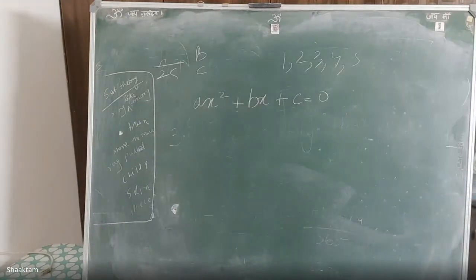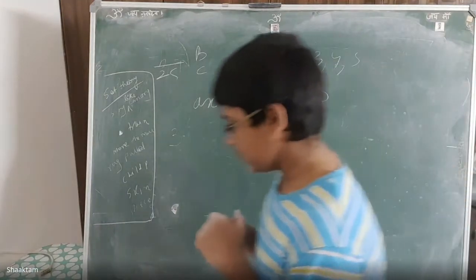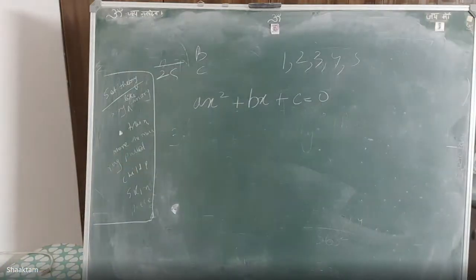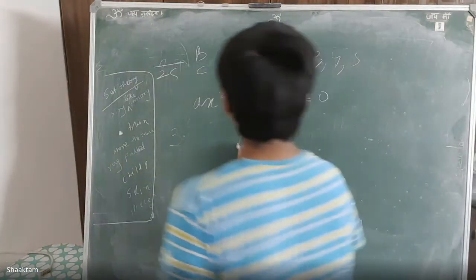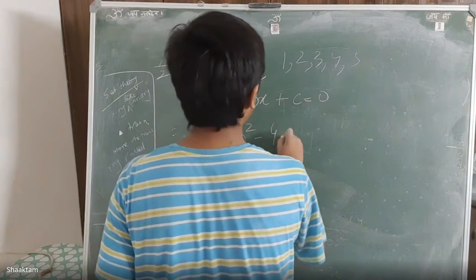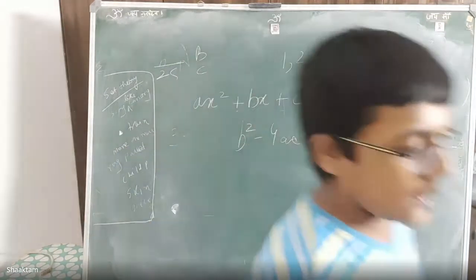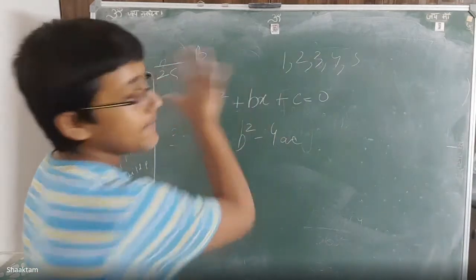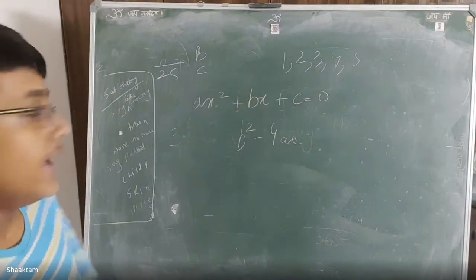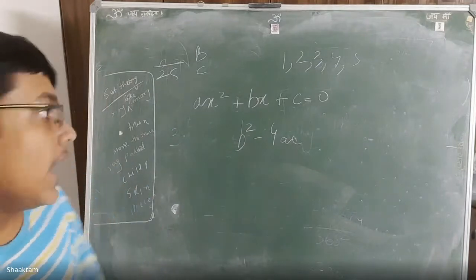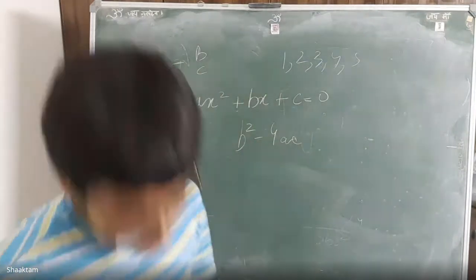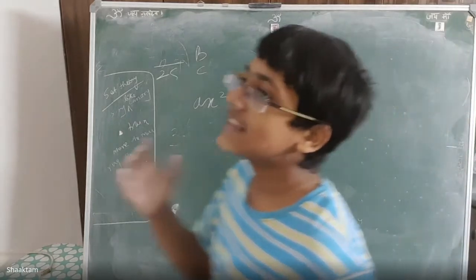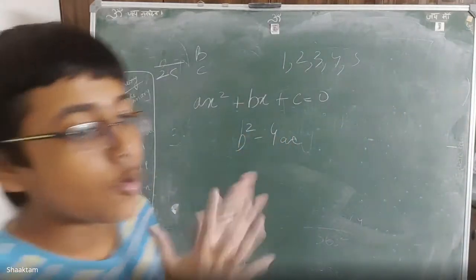One important aspect is this fact, which I'll furnish with you right now. If b square minus 4ac. Now, what do I do? I use the a, b and c. A, b and c, of course, you must know that they are all constants. I took these and made an expression. B square minus 4ac is called the discriminant of this quadratic equation.